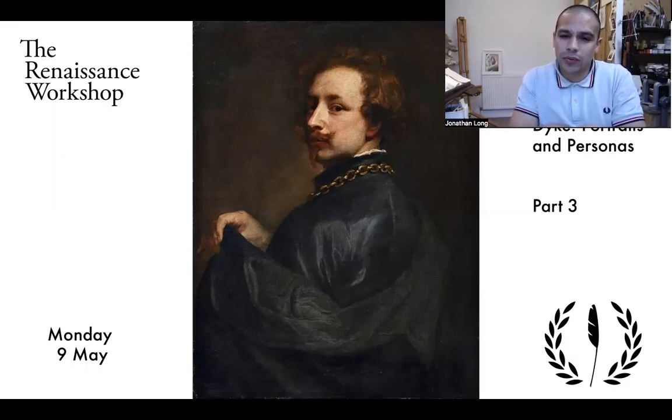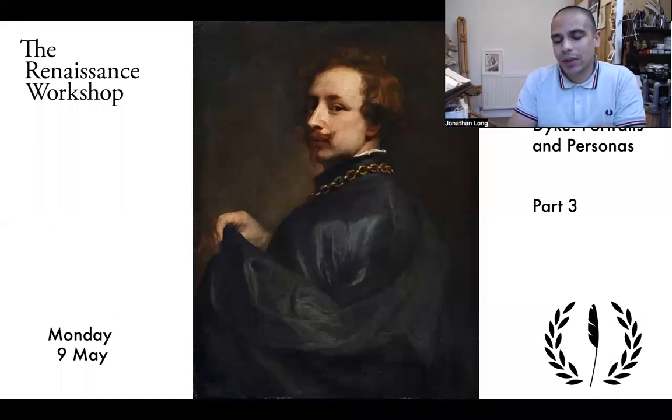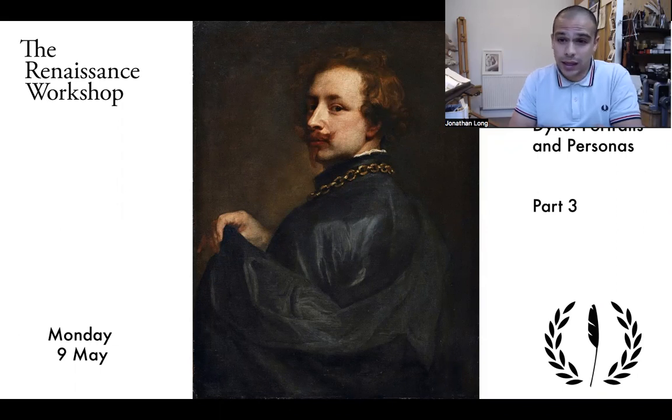So we're going to look at the period leading up to his entry into the court of Charles I. The reason for that is that from 1632 onwards, Van Dyke's career basically reshapes and reforms the culture of British art. You wouldn't have the aesthetic of Reynolds or Gainsborough or Sir Peter Lely or William Dobson or Godfrey Kneller.